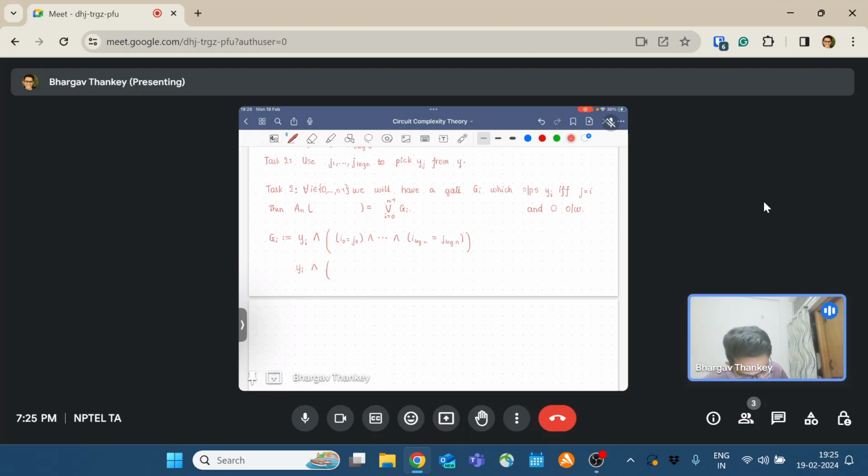So what you can do is AND of J0 or J0 complement. I want them to be equal, yes.